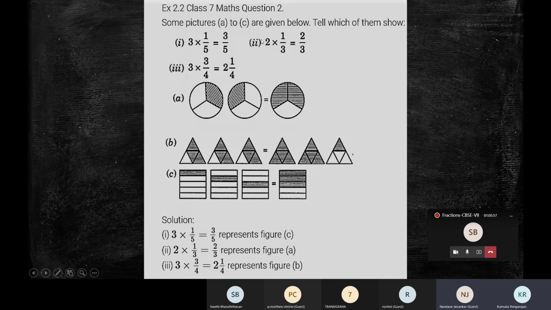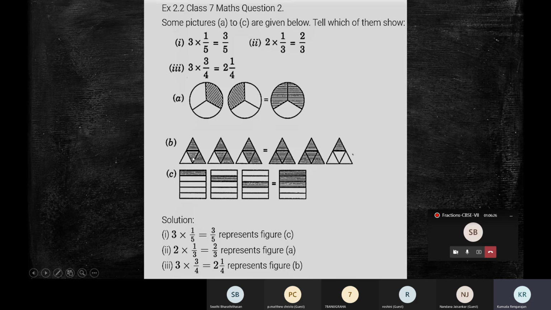So 2 is matched with A. 2 into 1 by 3 means 1 by 3 plus 1 by 3, which is 2 by 3. So the second one goes with A.